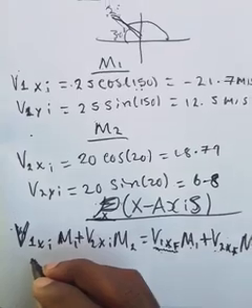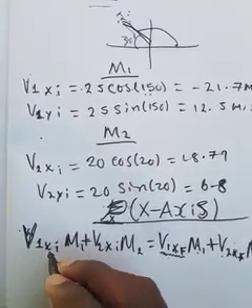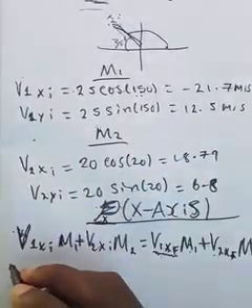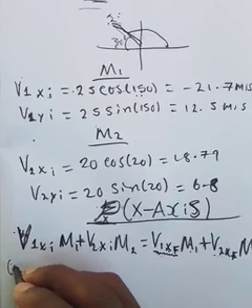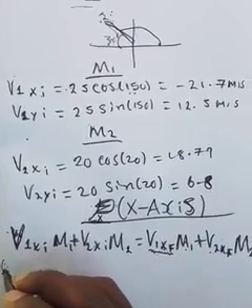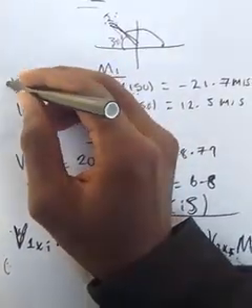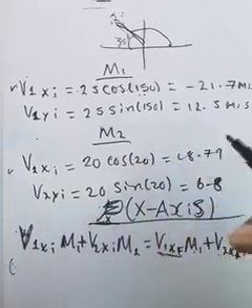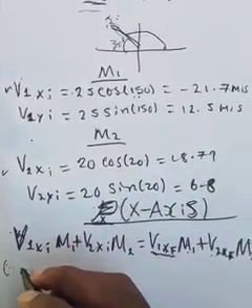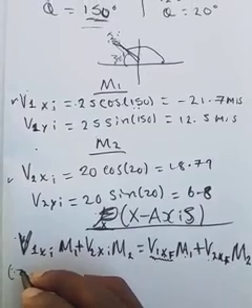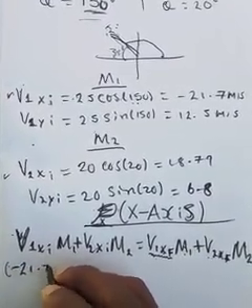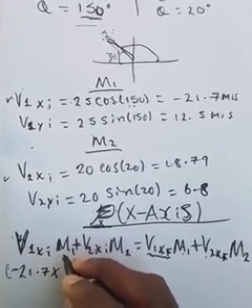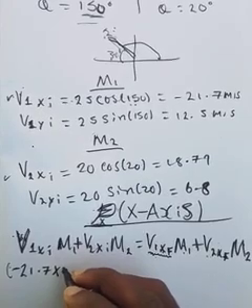So what I'm going to do now is that here I'm going to substitute. What is this one? It's what I have here, right? My initial velocity. Right now our focus is only on the x components, this and this. That's it. Okay, so I'm going to say negative 21.7 times mass 1. Mass 1, we've said that it is 20, right?